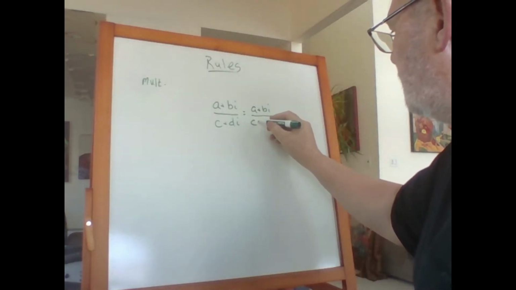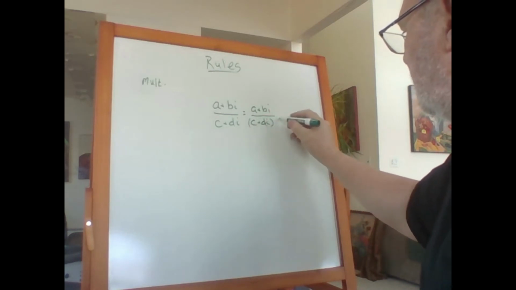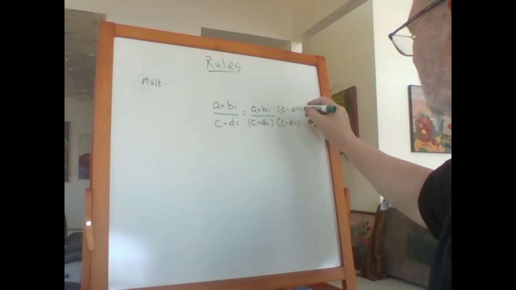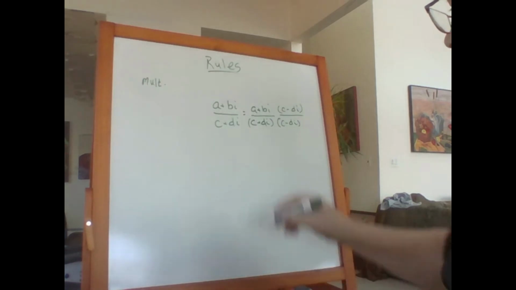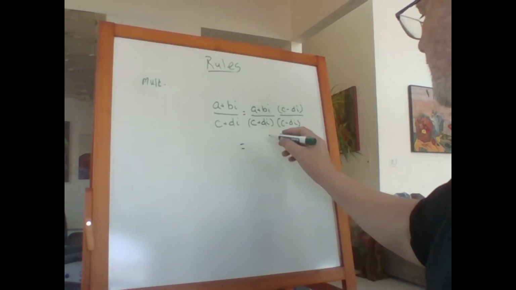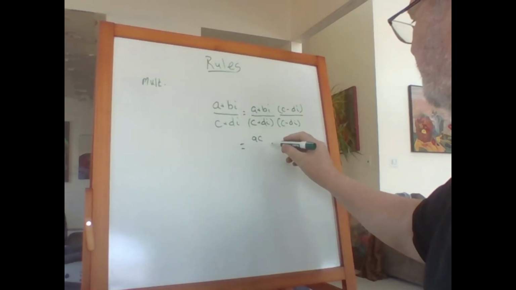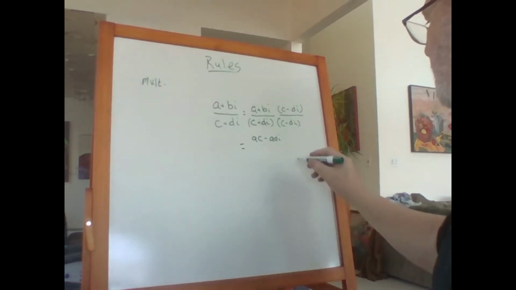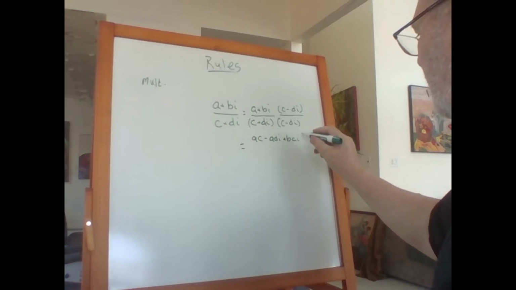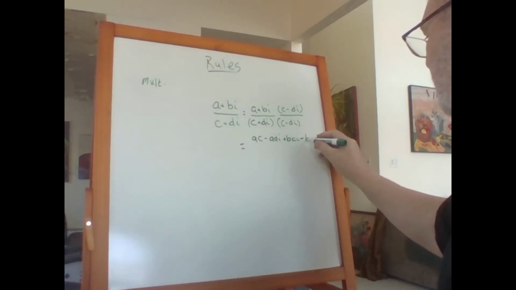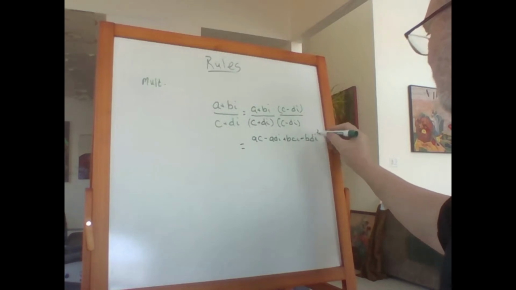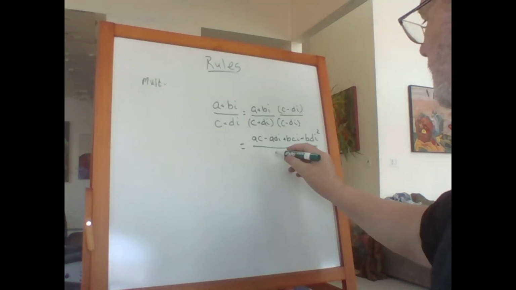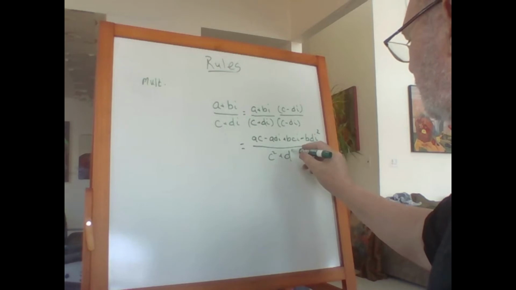So we have c plus di times c minus di, and the numerator is multiplied by c minus di. And that's equal to ac minus adi plus bci minus bdi squared, and that's over c squared plus d squared.